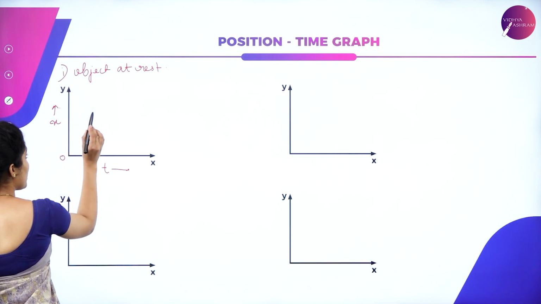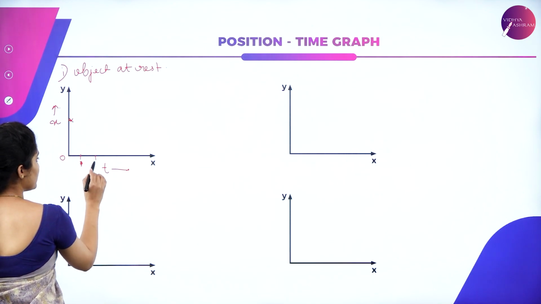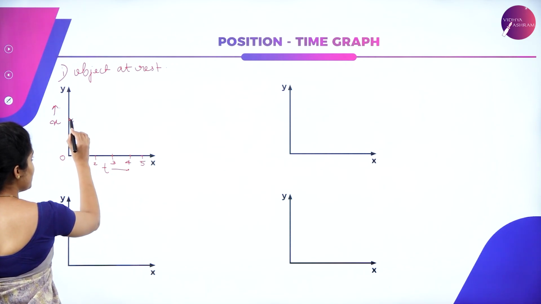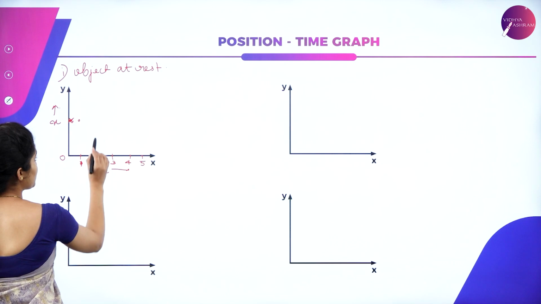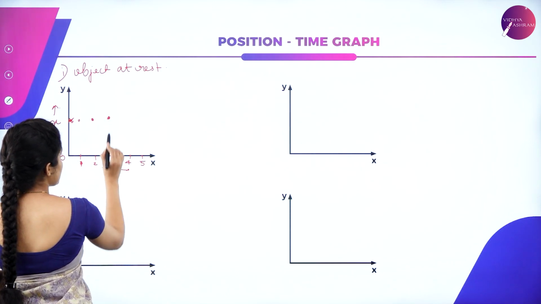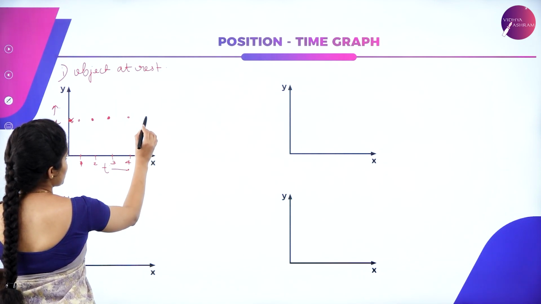Suppose our object is at this position, and this is 1, 2, 3, 4, 5. At the 0th minute your position is here, at 1 minute your position is here, at 2 minutes your position is still here, at 3 minutes still there, 4th minute also there, 5th minute also there.